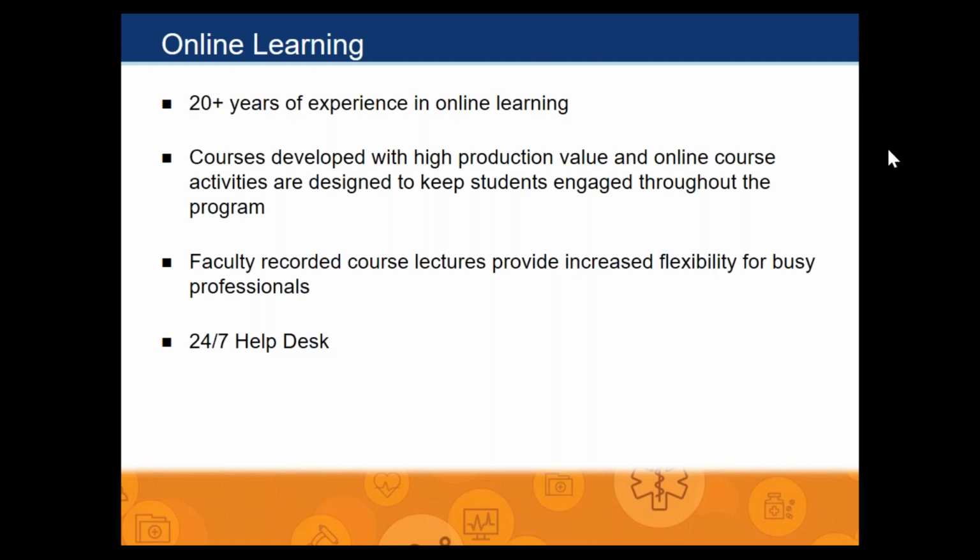As a school, we have been doing online learning for a very long time, as you can see on this slide. So we think we have a pretty good process for conducting online learning. These courses are designed in a way to create engagement. It's not just sitting down, listening to a recorded lecture and taking a test at the end.